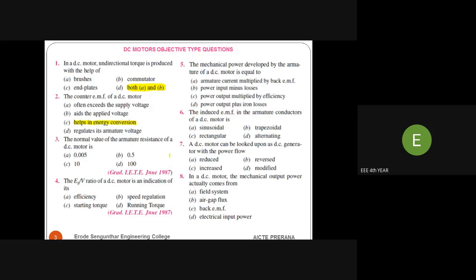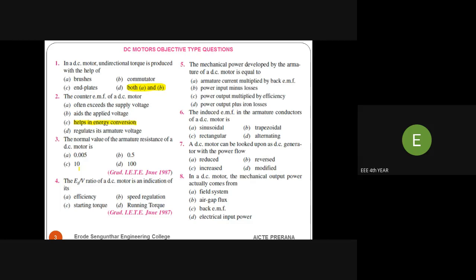Option D, 100, is the highest value. Highest resistance means a larger voltage drop. So option D, 100 ohm, is not correct, and option C, 10 ohm, is also not correct, because 10 ohm also produces a large voltage drop.